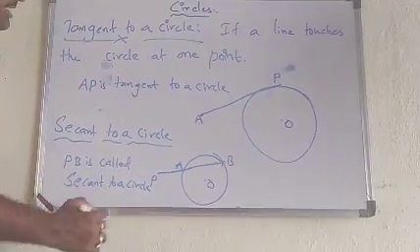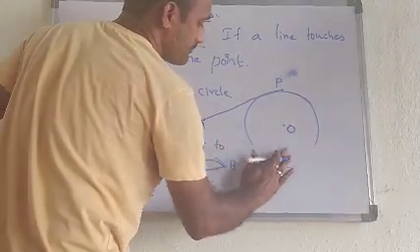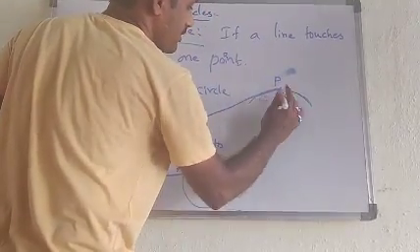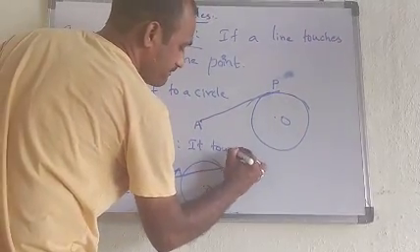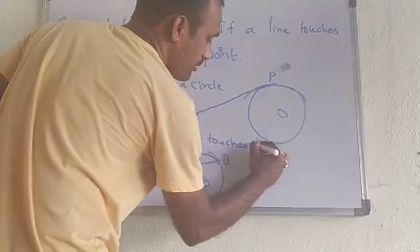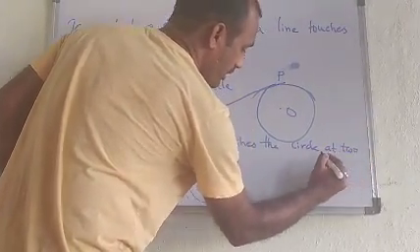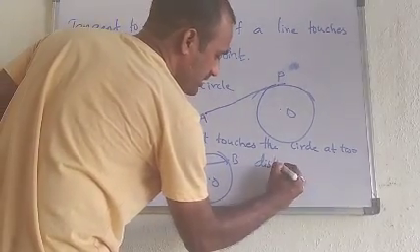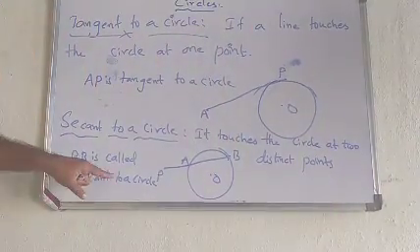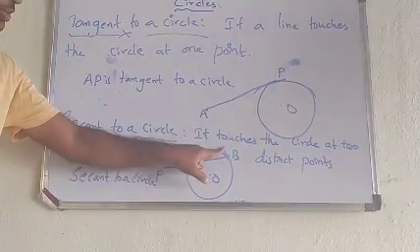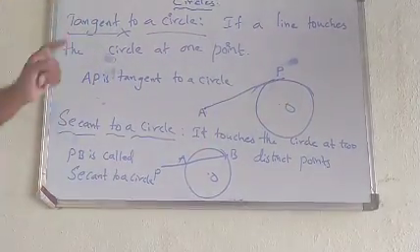It touches the circle at two distinct points. If a line is touching the circle at two distinct points, we call it a secant to a circle. If a line is touching at only one point, we call it a tangent to a circle.